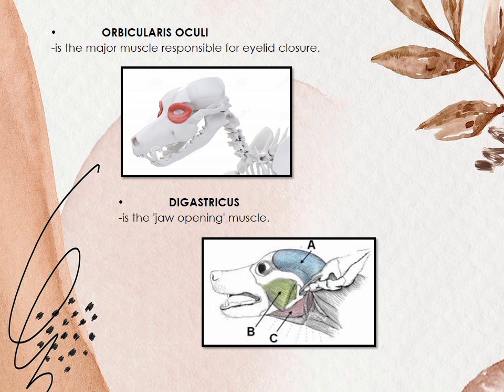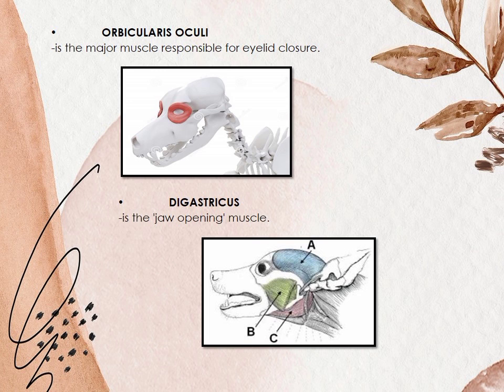Orb meaning kasi circle. Also, the word oculi comes from the Latin word oculus, which means eye. So this muscle wraps around the whole eye. Orbicularis oculi is a circular muscle that closes the eyelid like yung sphincter muscle.